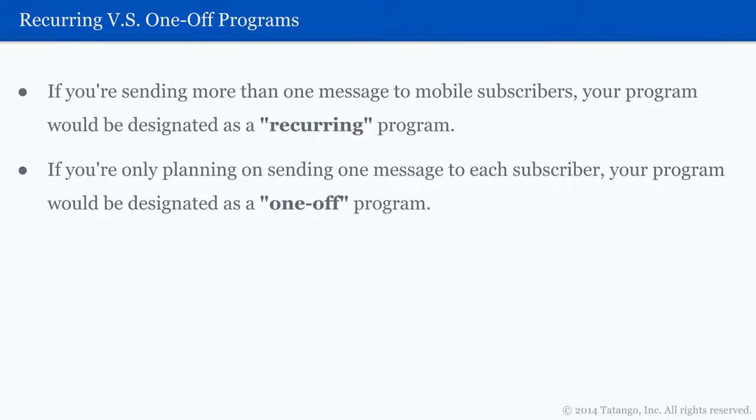If you're a one-off program, that's if you're planning on sending one message to each subscriber, your program will be designated as one-off. This would be something like, text app to 12345 to download our app, and the app maker would send a text message with a link to download the app, and that would be the end of the conversation. What we're going to be touching on and focusing on in this webinar is recurring programs.